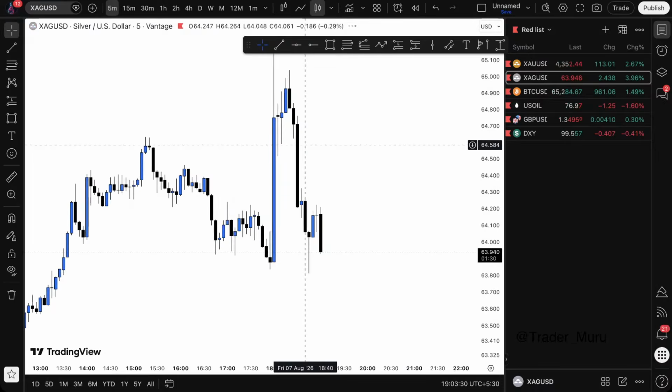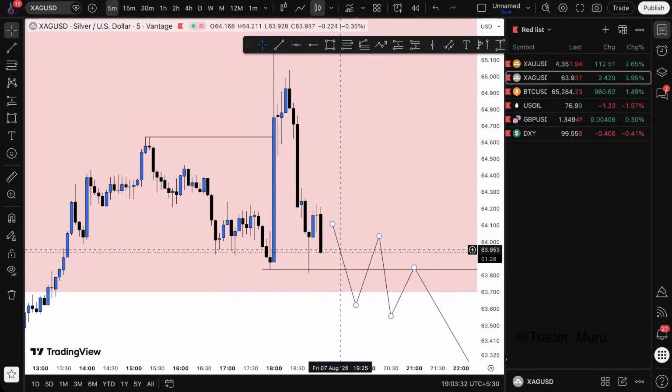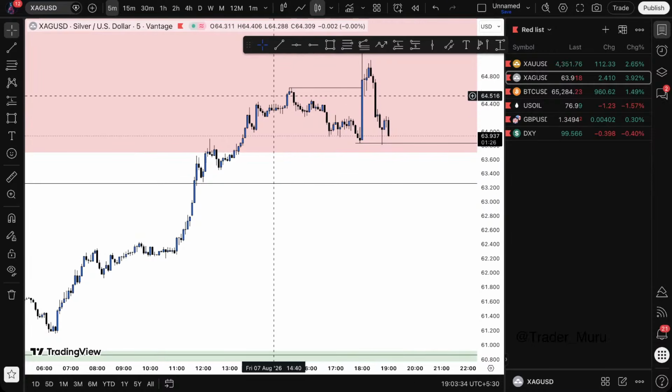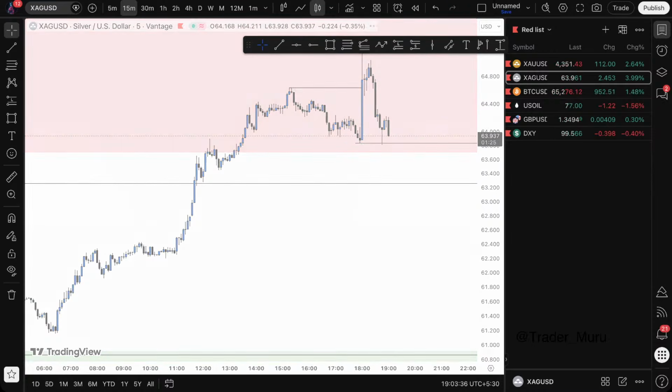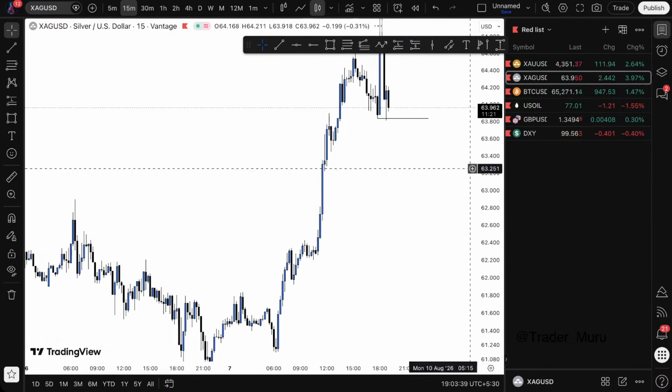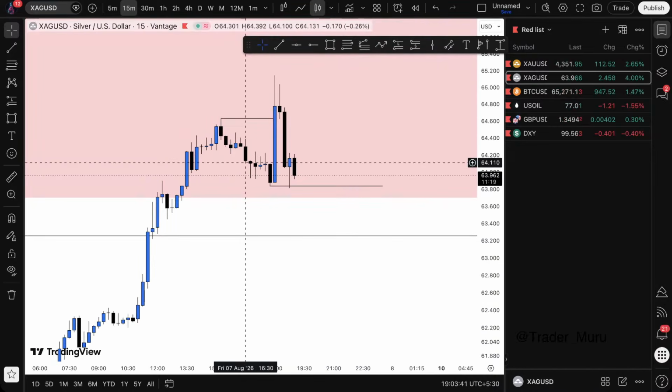Only silver have a clear structure right now. Testing a stream order block.